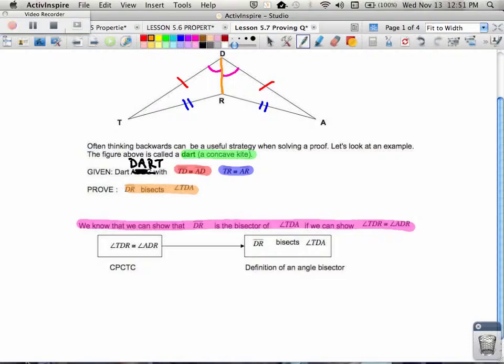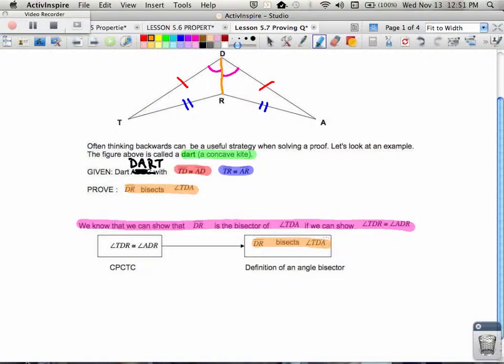So that's going to be my final statement. And what you see here for your final statement, right here in the orange, is the definition of what an angle bisector does.